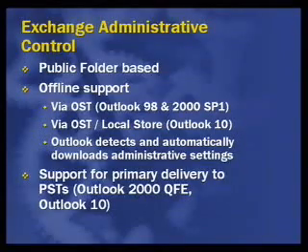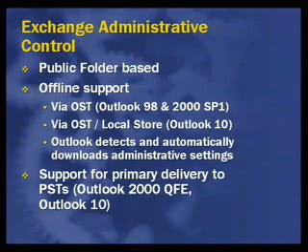Drilling in on the Exchange administrative control, for Exchange, administrative controls are public folder based. Offline support is allowed via the OST in Outlook 98 and Outlook 2000 SP1, well, just all of Outlook 2000. It's also provided by either the OST or the local store in the Outlook 10 timeframe.